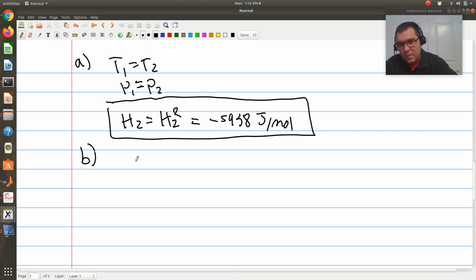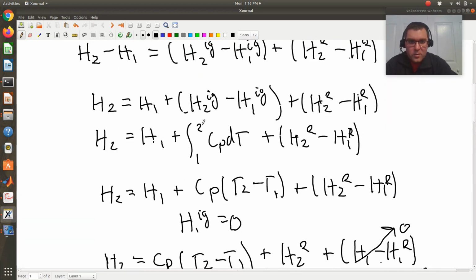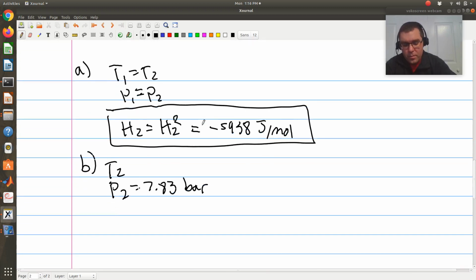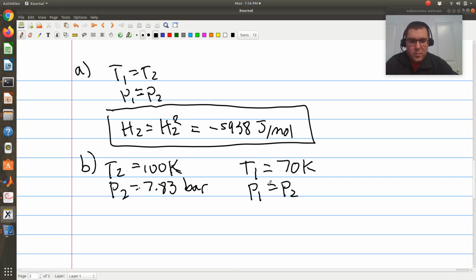My final state is 7.83 bars and 100 Kelvin. T1 is equal to 70 Kelvin, and P1 is equal to P2, which is that same 7.83 bars.